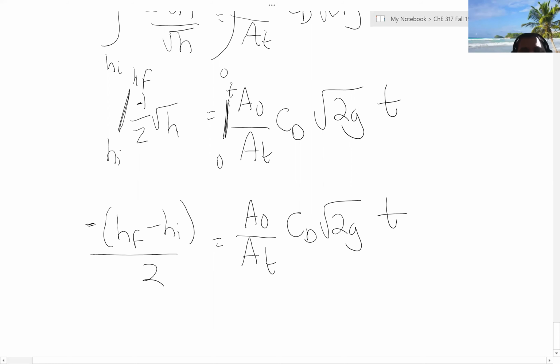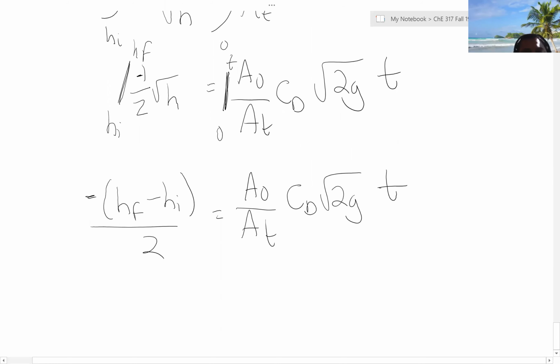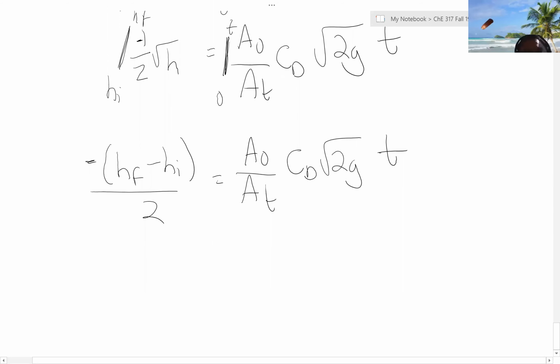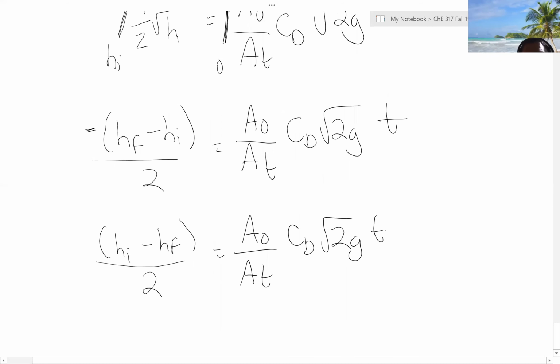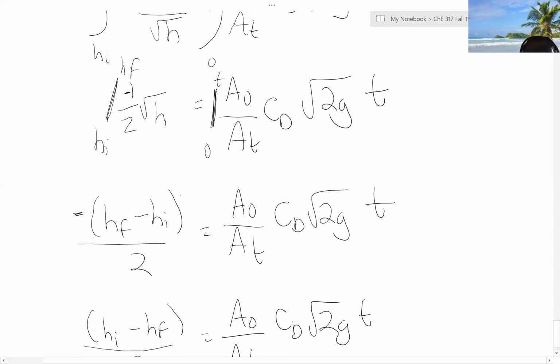So if I distribute the negative, I actually end up with h initial minus h final over 2 is equal to area out, area of the tank times discharge times square root of 2gh. Oh, you're right, I did forget the square root.